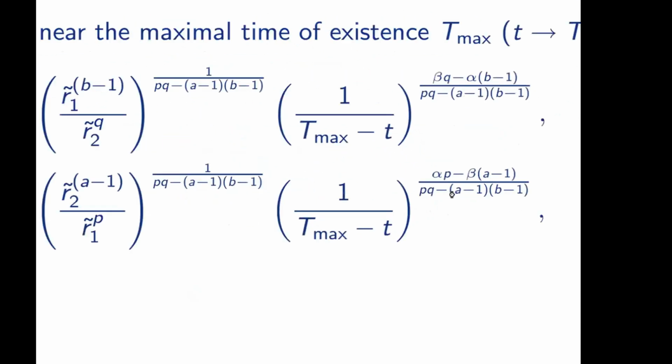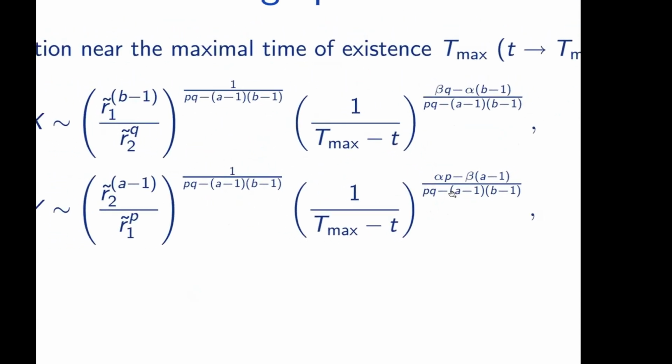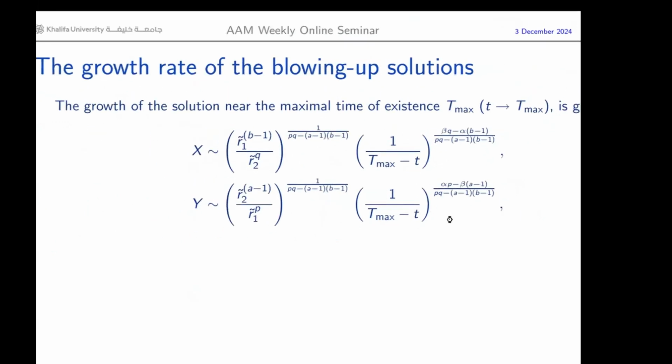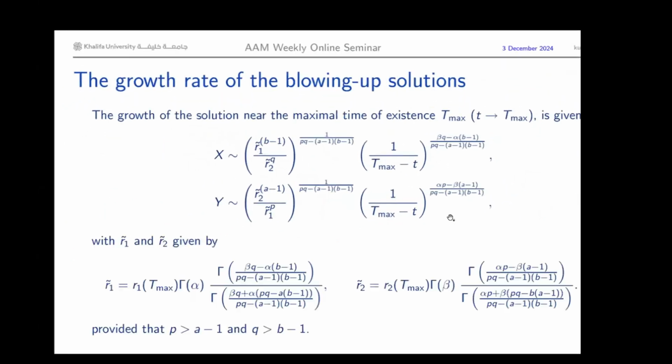And in this rate, alpha and beta appear, not only in the power, but also in this coefficient here, which is quite extensive, and I do not expect anyone to remember. I myself do not even remember all this, but we know that it exists.